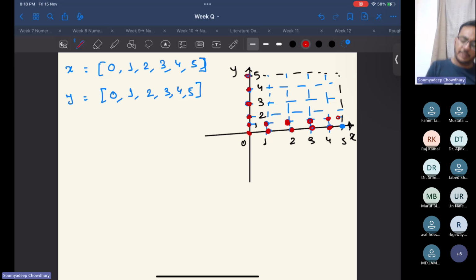What meshgrid does is, if I supply it with this x and y array, it will give me a different x and y array, with the x and y coordinates of all these points.